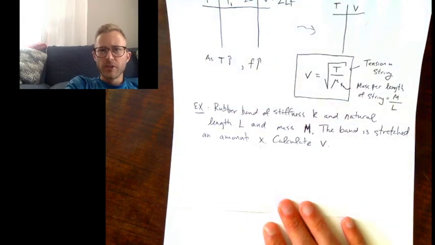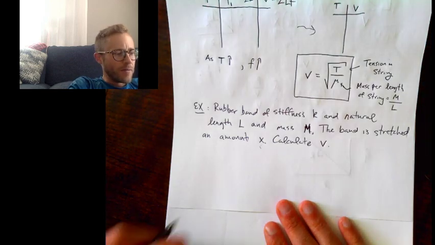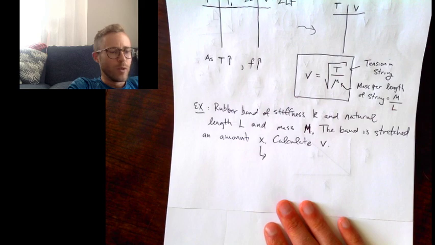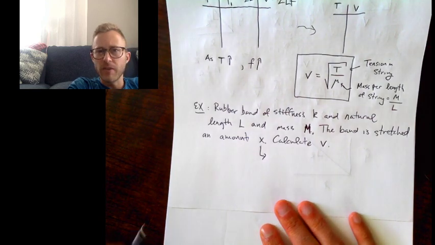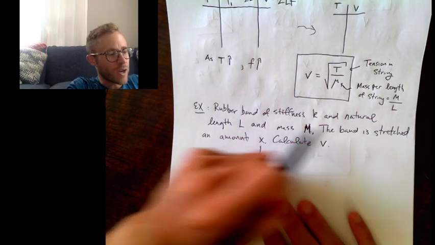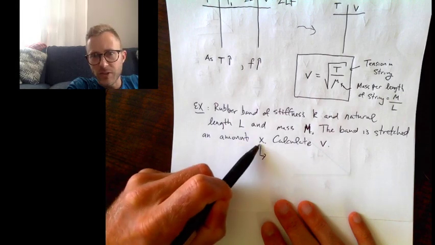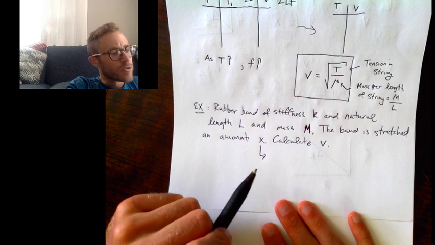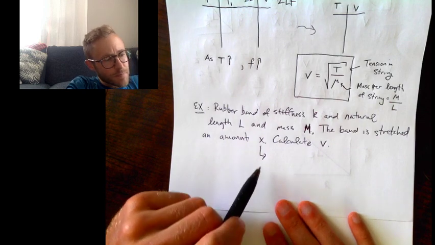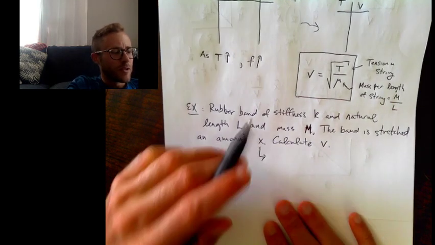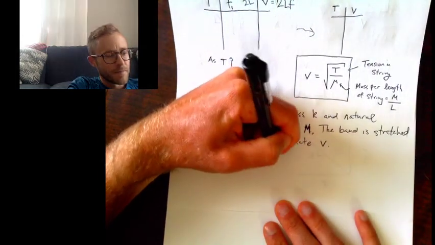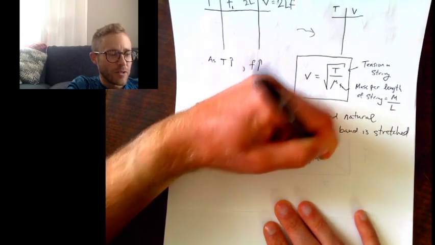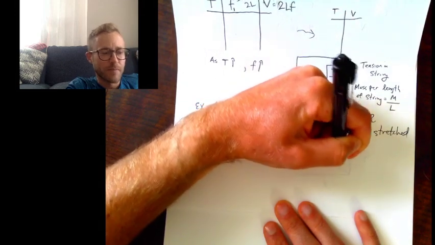Okay? So if you have a rubber band with a natural length of L and it's stretched an amount x, this is the distance beyond taut, remember? So what that means is that the total length is going to be L plus the amount that it's stretched.